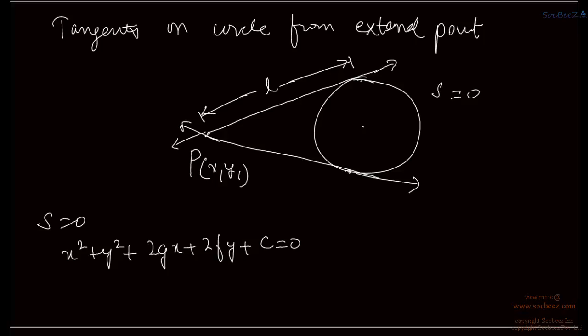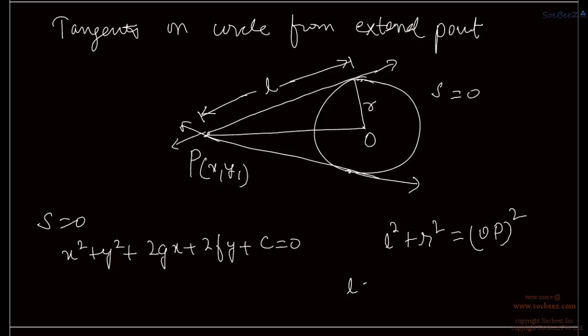Let us first write the length of a tangent. Say this is R, and this is P, this is center O. We can always write L square plus R square is equal to OP square. So L is nothing but under root of OP square minus R square.